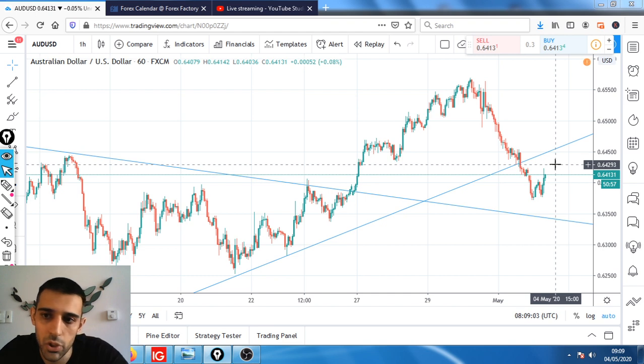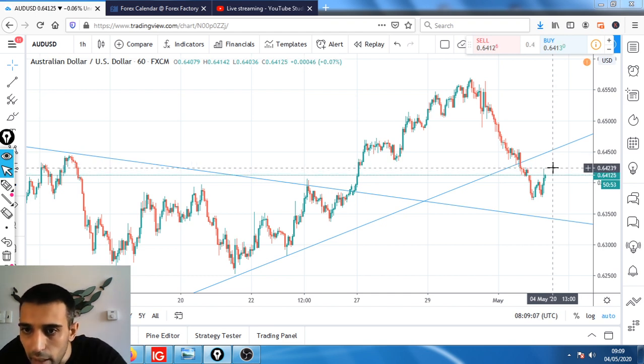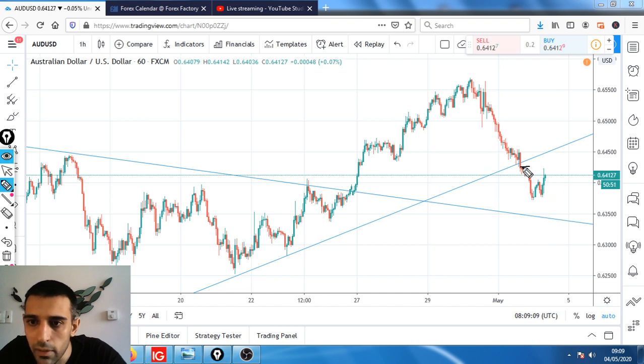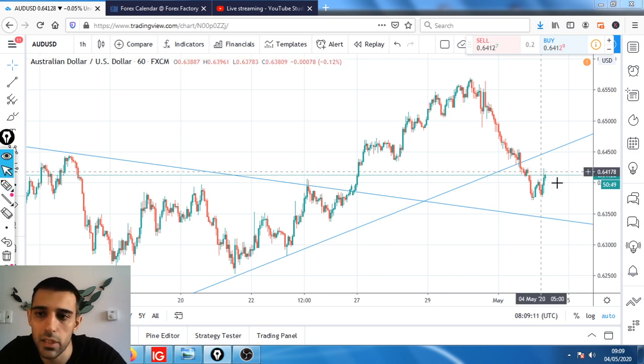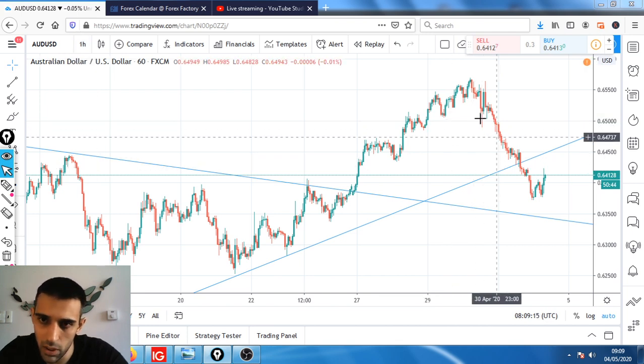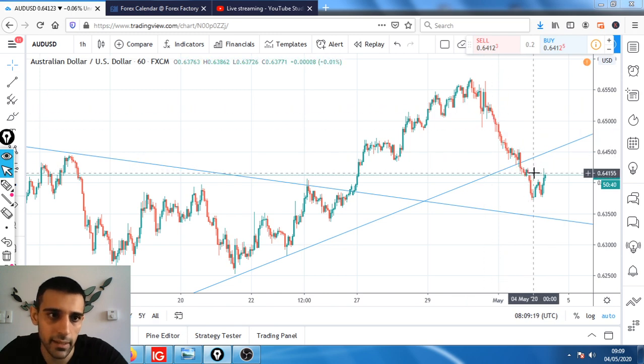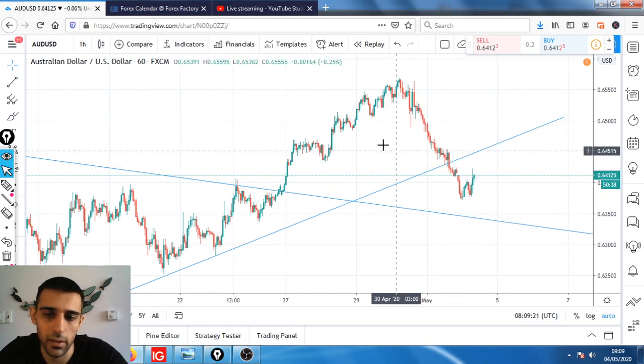If the price comes up that far, we will take out this spike high here. As of the short term, my view would be towards the downside rather than the upside.